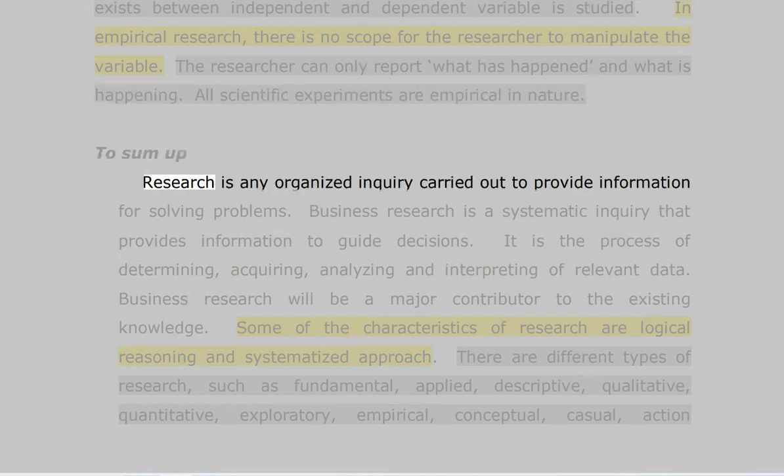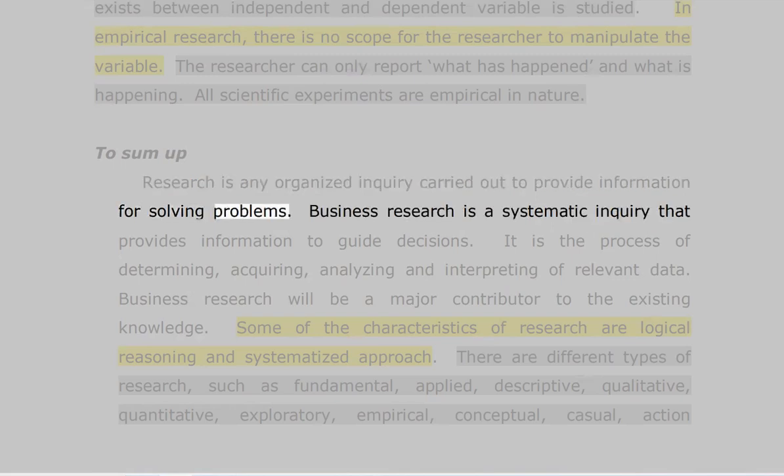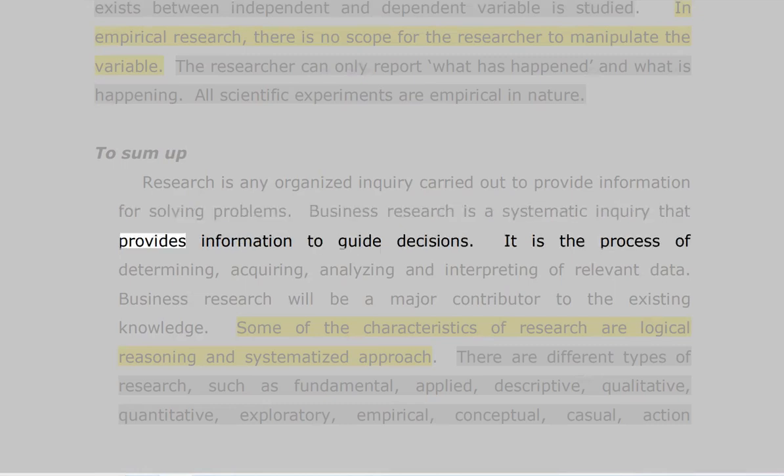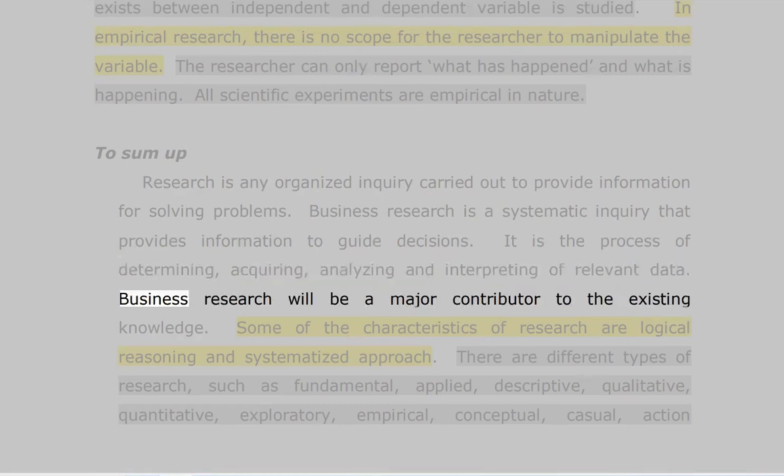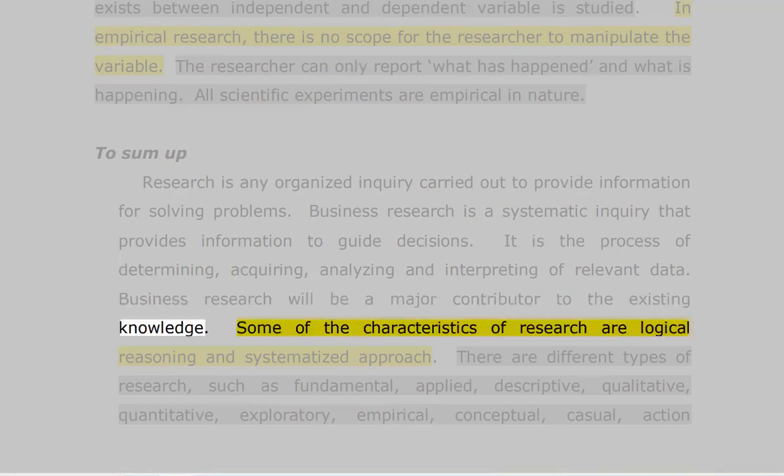To sum up, research is any organized inquiry carried out to provide information for solving problems. Business research is a systematic inquiry that provides information to guide decisions. It is the process of determining, acquiring, analyzing, and interpreting relevant data. Business research will be a major contributor to the existing knowledge.